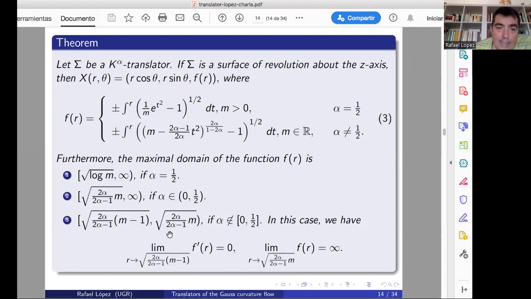In this case, when the domain is a finite interval, then we know something about the behavior of the function f. At the left endpoint, the derivative goes to 0. It means that the tangent is horizontal. At the other endpoint, it goes to infinity.